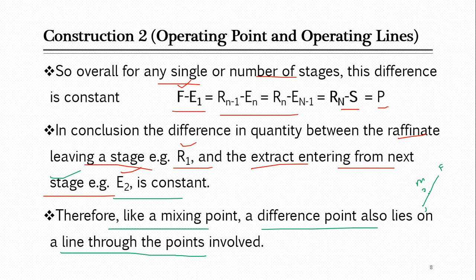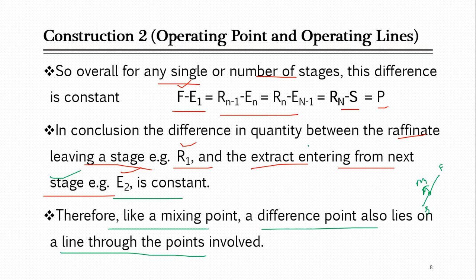This is my M point, lying on the solvent and feed line. Similarly, he is telling us that P will also lie, not necessarily in the middle, it can lie on either end, but from here you can see that feed, solvent and M lie on the same line.